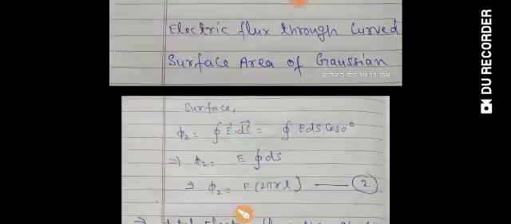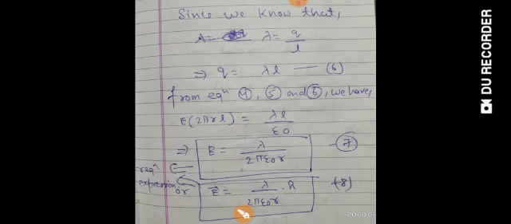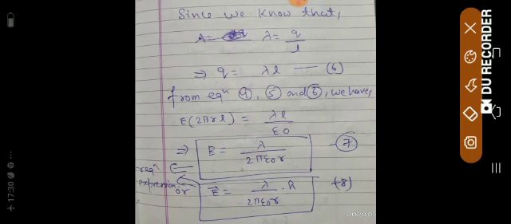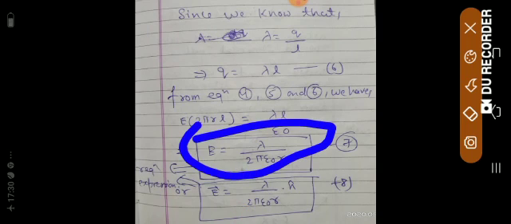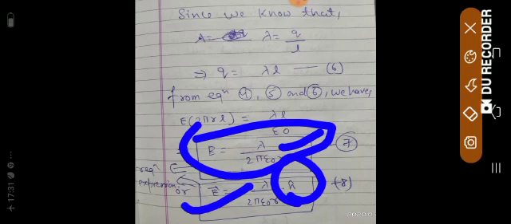So come to the original last page. This is your electric field due to linear charge distribution at point P, which is at distance r. If we multiply it with n cap, this is the electric field vector, since electric field is not a scalar quantity, it is a vector quantity.